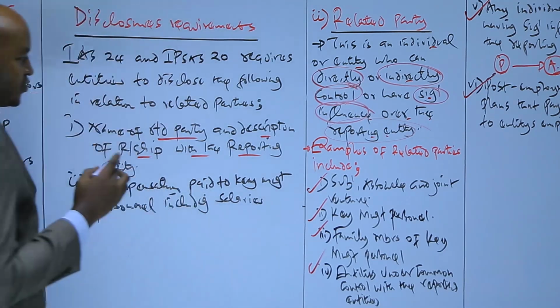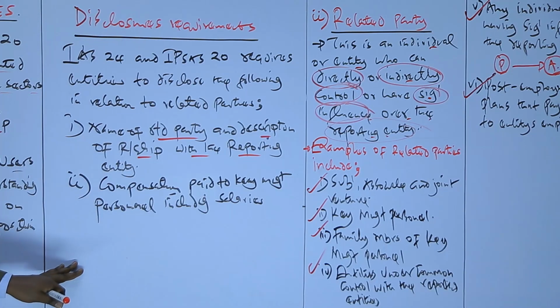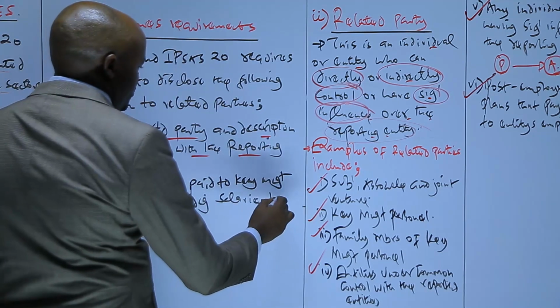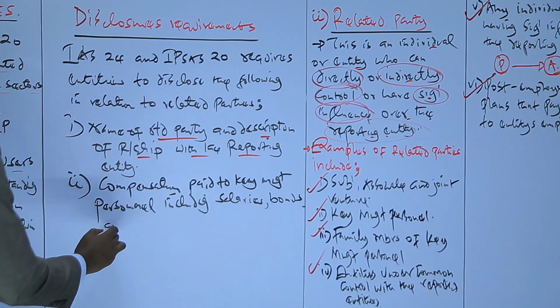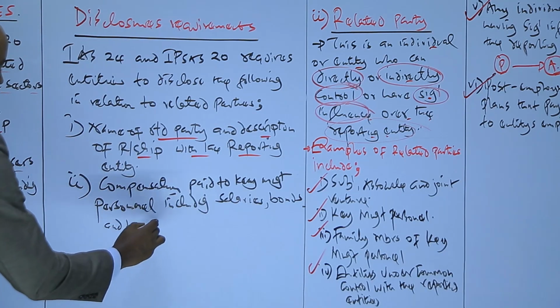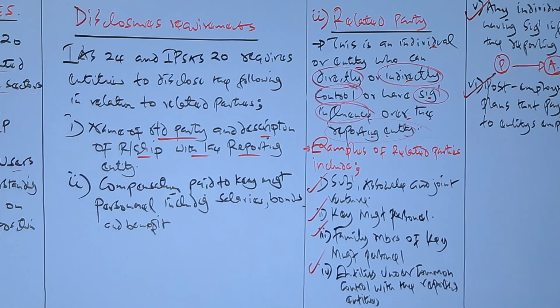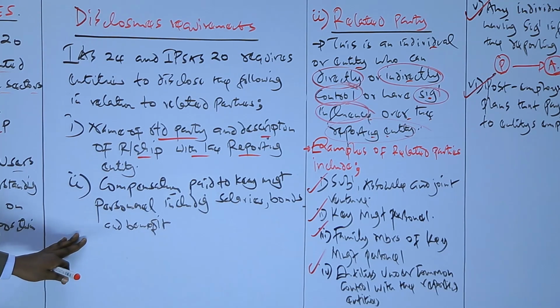We are saying any payment made to the key management personnel, like the directors, including their salaries, any bonus paid to them, and any other form of benefit. For example, how much was paid to the directors as directors' fees? How much was paid to the directors as salaries? All that information will need to be disclosed.